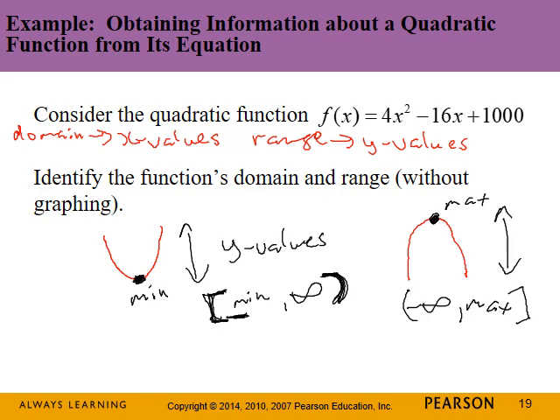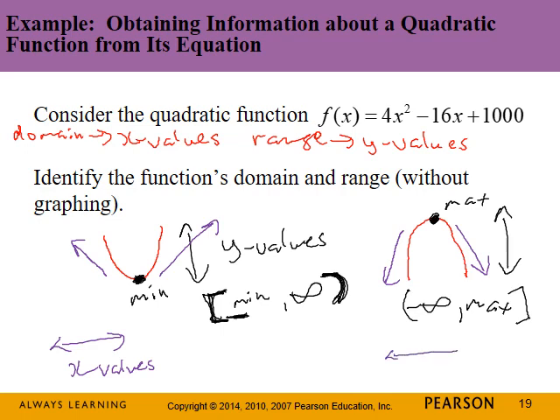And if you look at a parabola, whether it's opening up or down, it's going to the left perpetually, and then it's going to the right perpetually. Remember that left and right, these are x values. So these would be values for your domain. Here, even though it's going down, it flares out to the left perpetually and to the right perpetually.